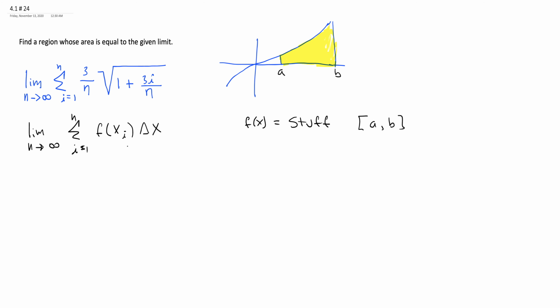Let me just make sure this is not backwards, not that it matters. Make sure it's just like the textbook. And we're good. All right. And this little piece right here represents the area of a rectangle, where this right here is the width and this right here is the height.